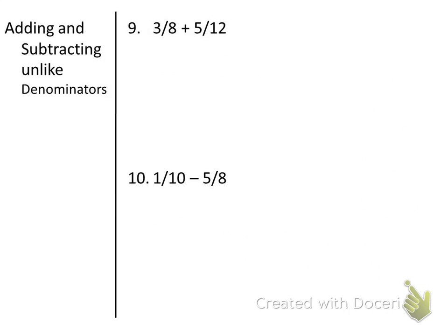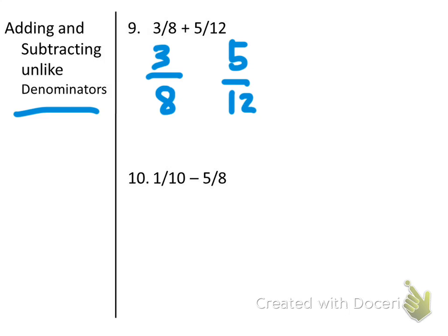Okay, the last subtopic is adding and subtracting unlike denominators. So when we have two fractions that have different denominators, we have to find a common denominator. So what's a common denominator for 8 and 12? 24, that's right.